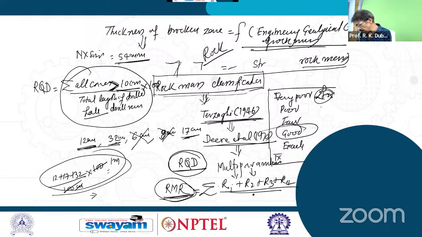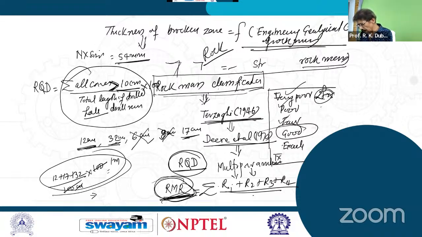In this way, we are getting the RMR value. And in view of the range of RMR value, again, we categorize very poor, poor, good, very good, excellent, and others.